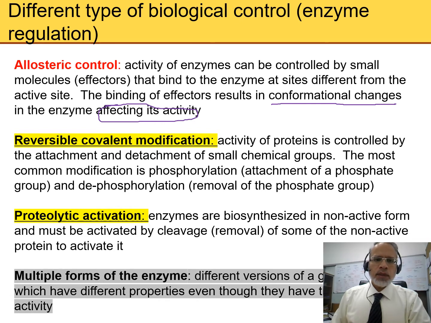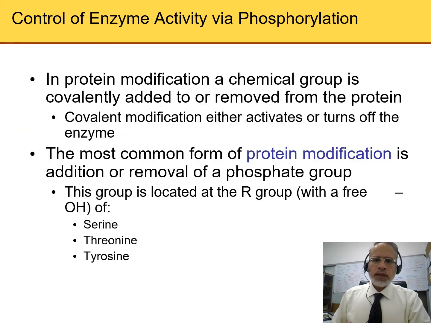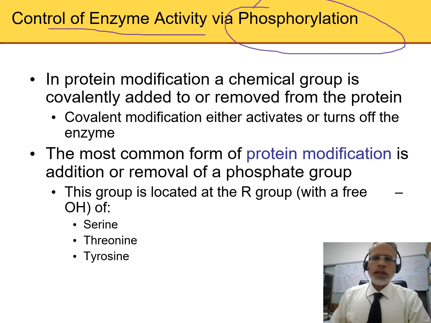Today we'll talk about 2 different approaches called reversible covalent modification and proteolytic activation. In reversible covalent modification, the enzyme activity is controlled by a small group binding to it, small functional groups.